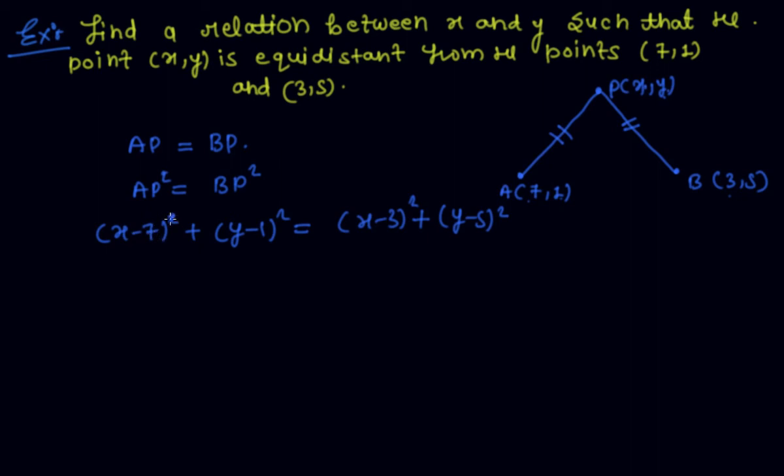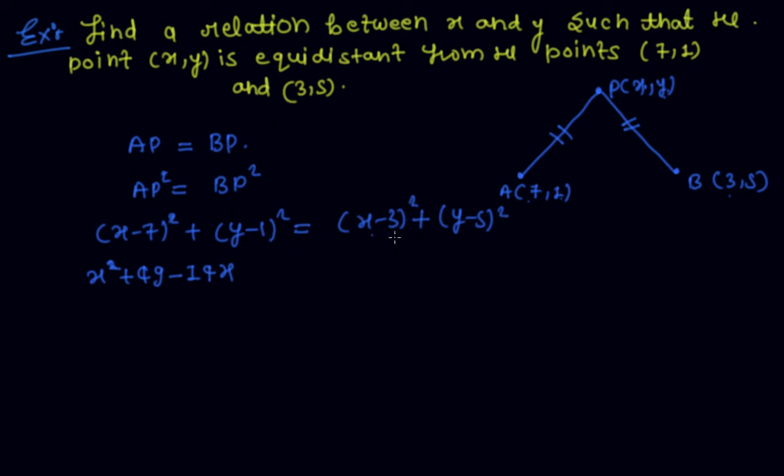Apply (a minus b) whole square, which is equal to a square plus b square minus 2ab, so x square minus 14x plus 49.